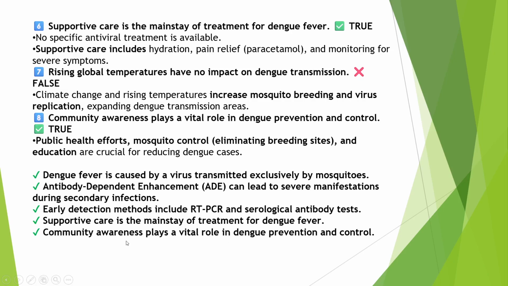True. Community awareness plays a vital role in dengue prevention and control. Also true. So all these statements are the correct statements regarding dengue virus transmission, diagnosis, treatment and care. So this was about dengue.